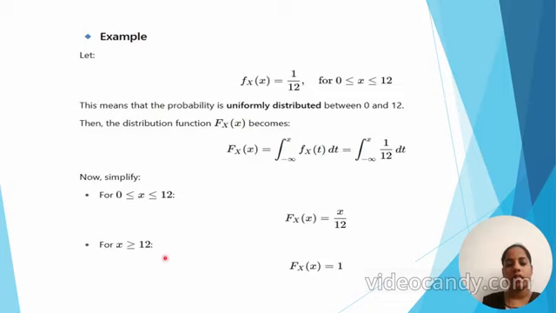For x greater than 12, F_X of x is equal to 1.